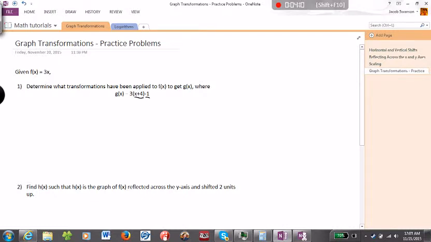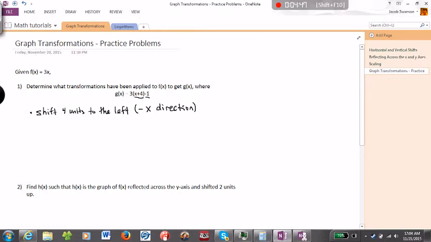But in any case, this indicates a horizontal shift of 4 units to the left, or the negative x direction. So that's one of them.